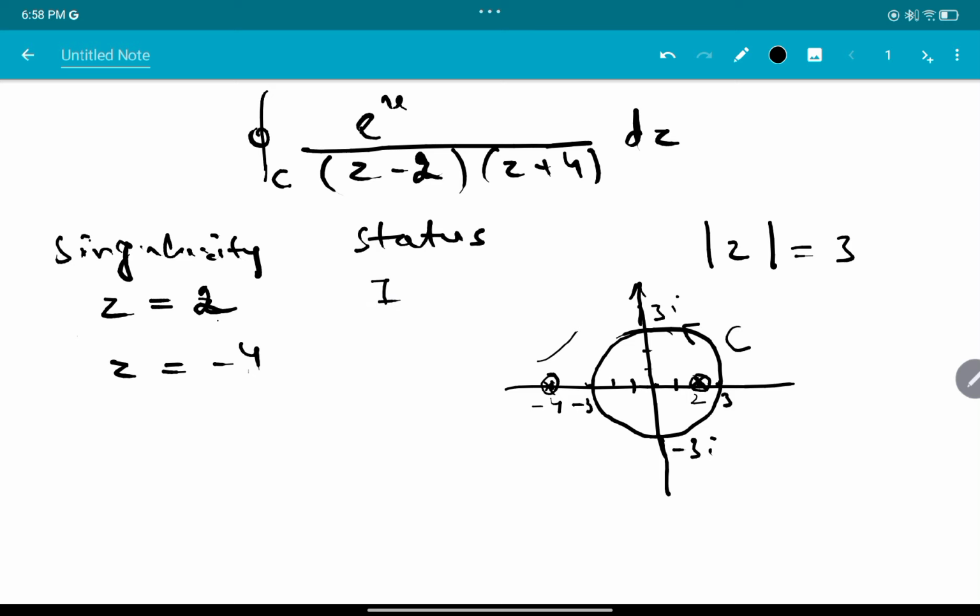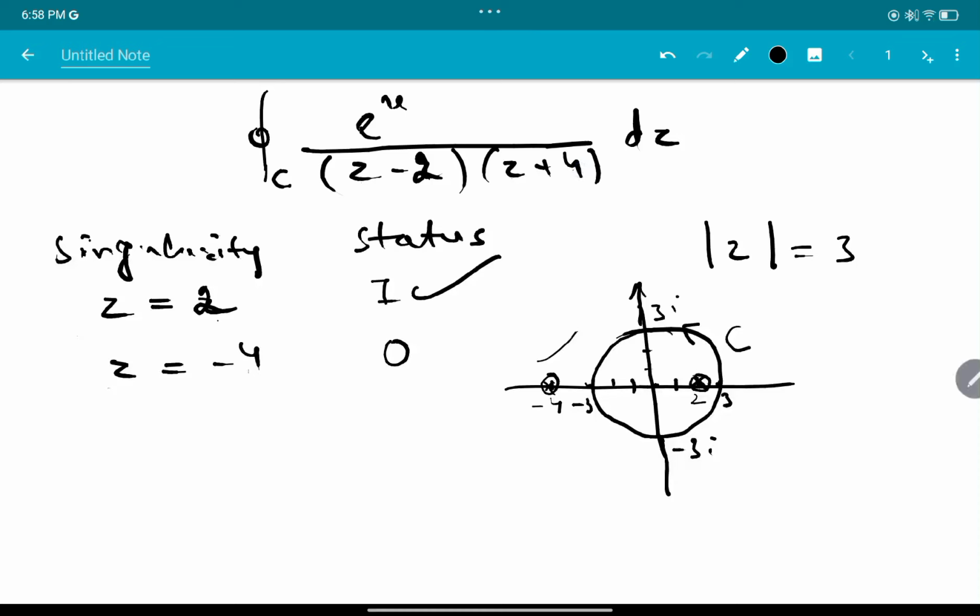Only this is our concern. This is not a singularity for us for this loop. So I will treat this Z minus 2 as the singularity factor. I will not treat this as a singularity factor. I will absorb this Z plus 4 with e raised to x.